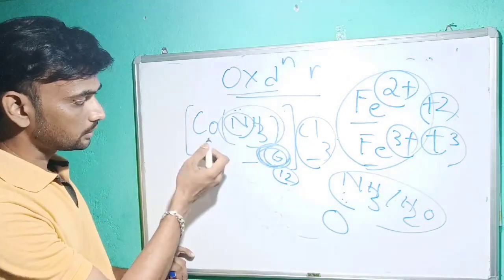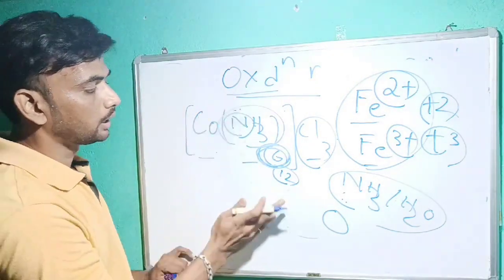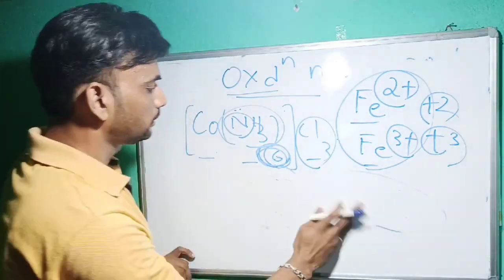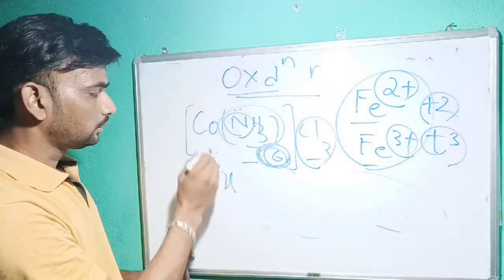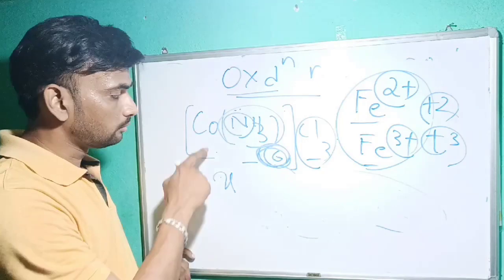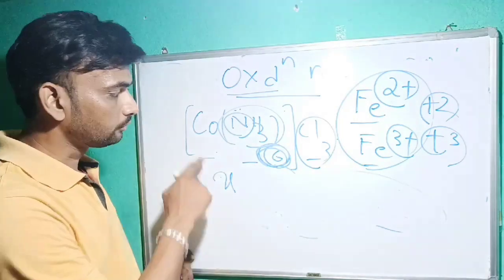In this case, if we calculate the oxidation number, then by the simple formula, let X be the oxidation number of cobalt.